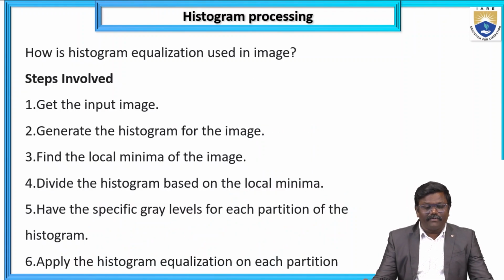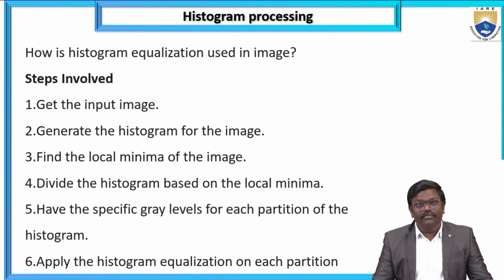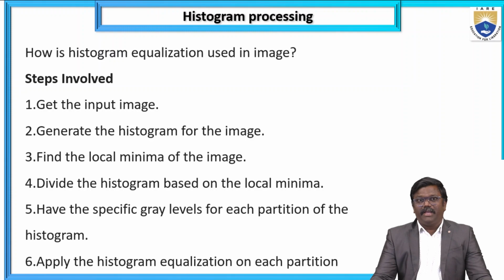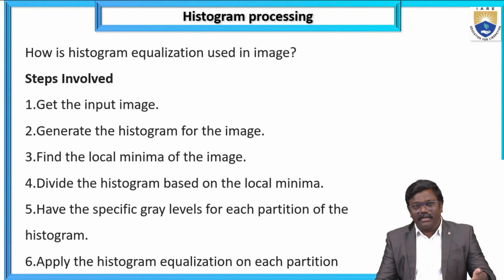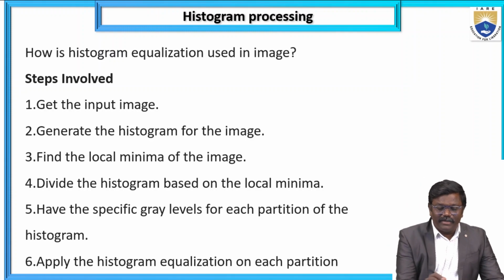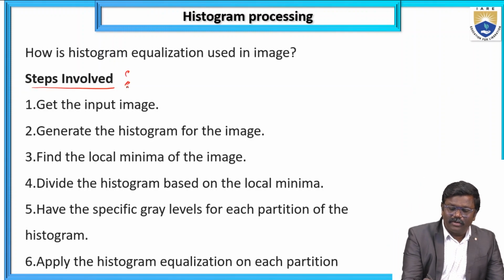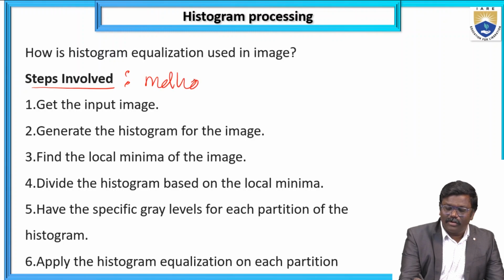The meaning of required processing is to apply certain steps. What are the steps we are using here? How histogram equalization is used on the image, we can understand by following the coming steps involved in applying your proposed method.